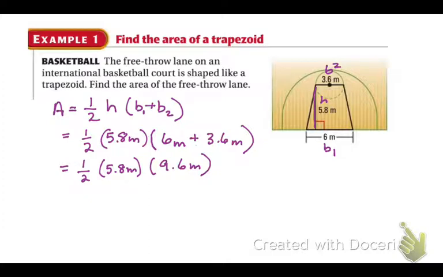We're going to multiply this whole thing together. And I have this worked out, and 1/2 times 5.8 meters. Is that 5.8 or 5? Yeah, 5.8. Whoops, I made a mistake. So I'm going to have to calculate it out. Give me a second.